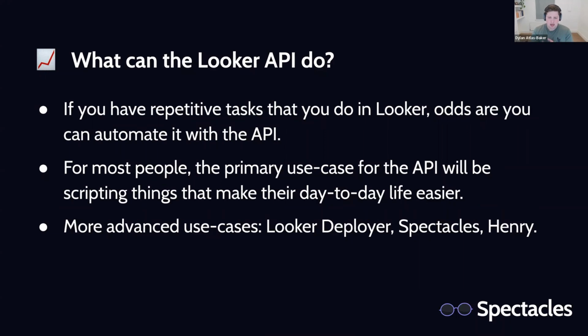Examples of that are Looker Deployer, which can be used to move content from one Looker instance to another; Spectacles, the tool that we've built that provides automated testing against your Looker instance; and Henry, which some of you may also have heard of or used, which provides diagnostic information around content that can be deleted, content that's not being used, and explores that are being under-queried. Typically, you'll start with a more narrow use case, develop your familiarity with the Looker API, and expand things from there.